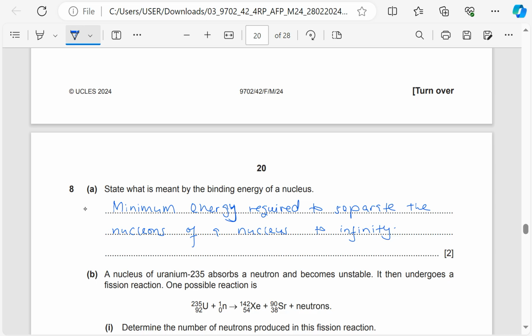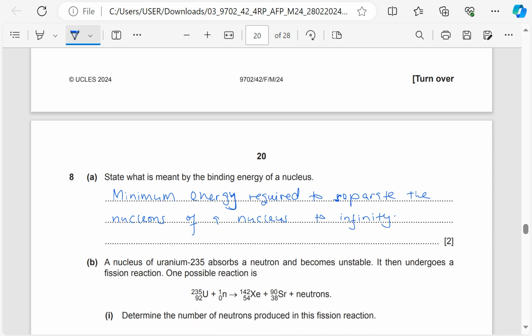Minimum energy required to separate the nucleons of a nucleus to infinity, that is binding energy.